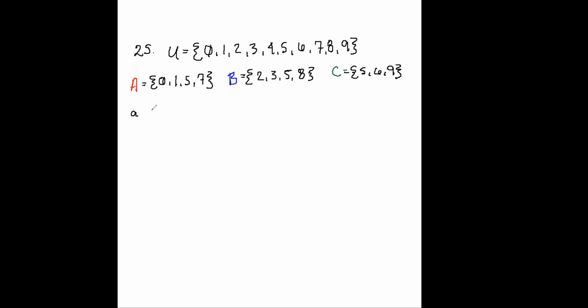So for part A, we are looking for A union B. Then we're going to look for the intersection of B and C, and then the intersection of A and B. So let's start with A. What is this going to look like? 0, 1, 2, 3, 5, 7, and 8.